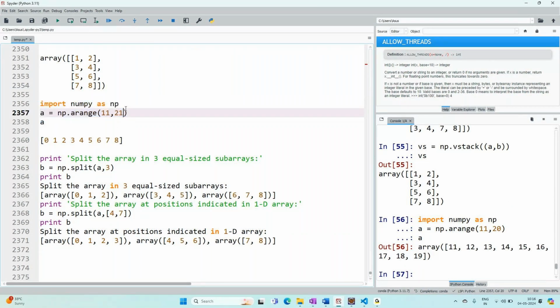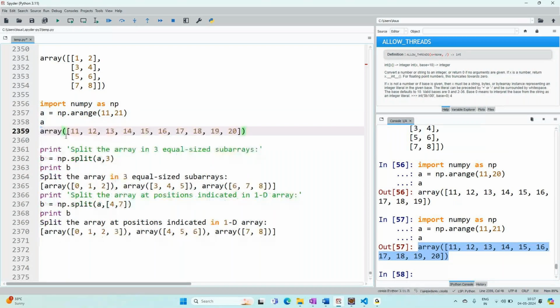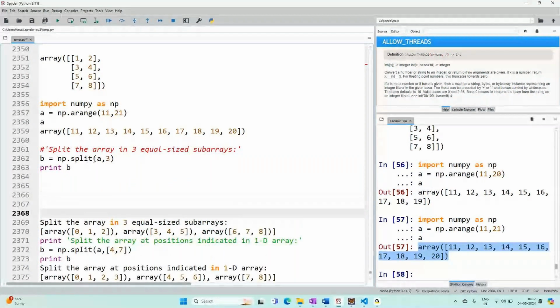I want 10 values. So 11 to 21 means what I got here? I got array. Now split the array into three equal sizes. So now I want to split that array into three equal sizes, right? So now what I will say? I will say okay.